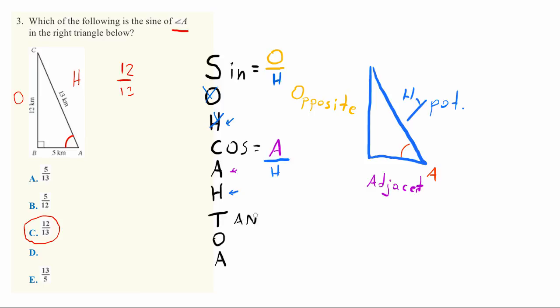So this is the tangent. And that's equal to, well, now we can definitely figure it out, opposite over adjacent. Opposite divided by adjacent.